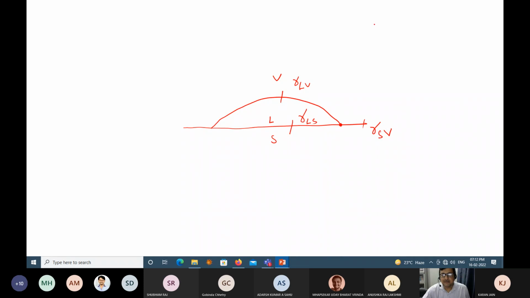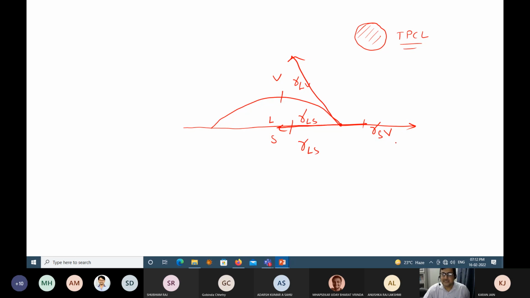I take this particular point. From the top, you can understand that this is a kind of circle, which is called a three-phase contact line, TPCL. In that, I draw a force balance. One force acts in this direction, another in this direction, and the other in this direction. This force is gamma LS.